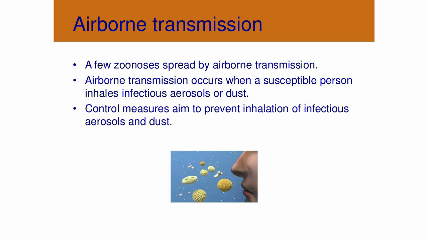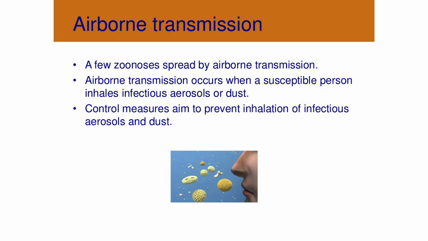Now, the science behind droplet versus airborne transmission is not always clear-cut. Some zoonoses that spread by droplet transmission may have an element of short-range airborne transmission. And so it's important to adopt the precautionary principle, especially for high consequence diseases or for new zoonoses where the scientific knowledge may be incomplete.